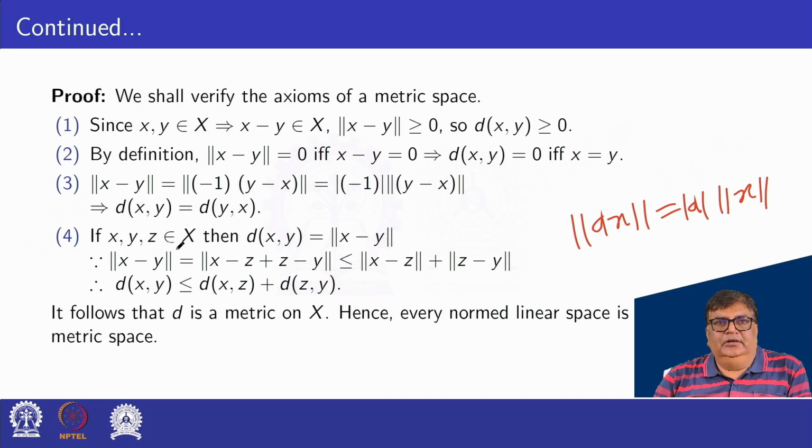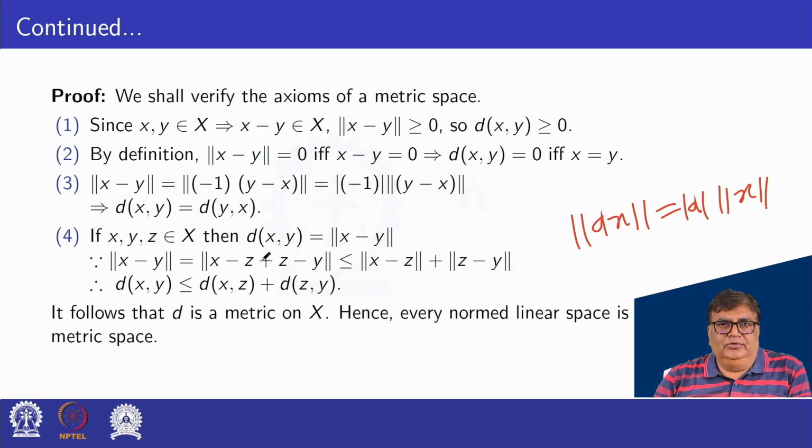Fourth property: taking x, y, z all elements of X. Then by the statement of the theorem, d(x,y) is equal to norm x minus y. Norm x minus y can be written as norm of (x minus z plus z minus y), where we have added z and subtracted z.